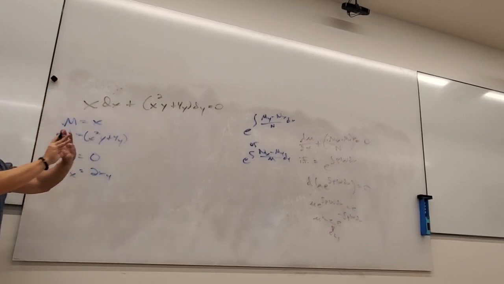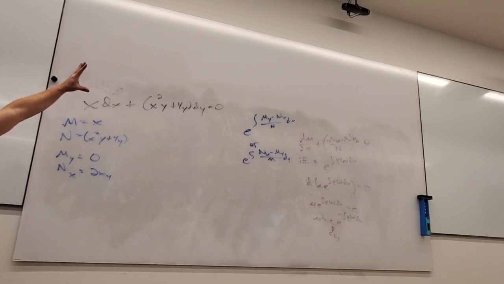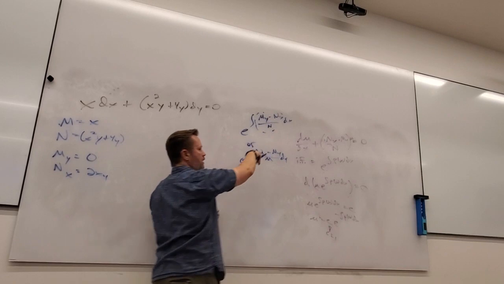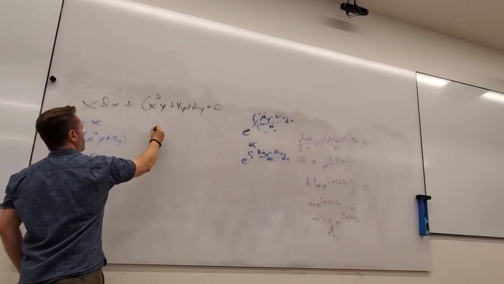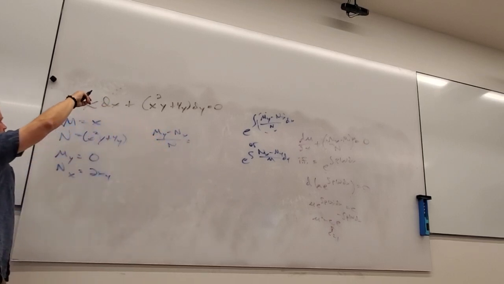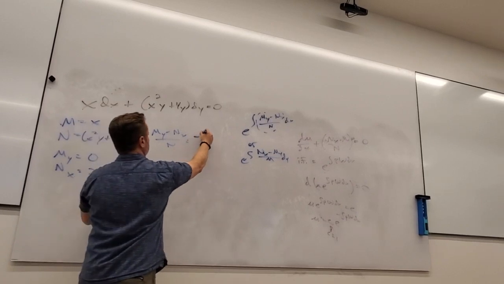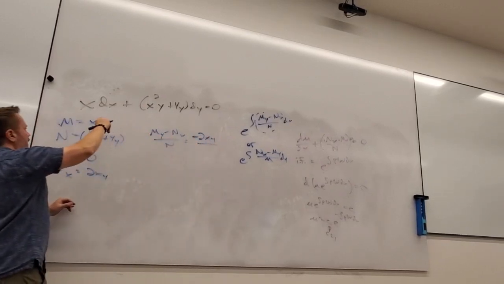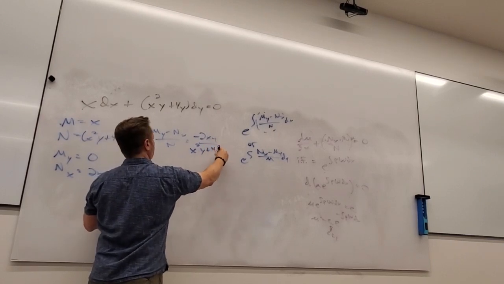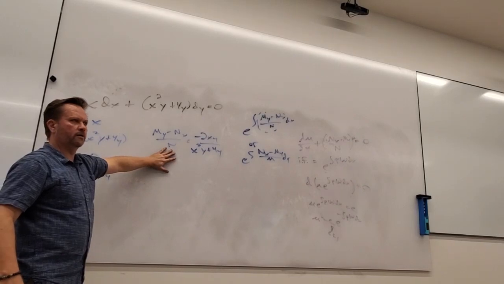Now I build those interior integral exponent pieces. They're basically almost the same. One piece would be M_y minus N_x over N. In order for that to work, it'd have to be a function of x only.